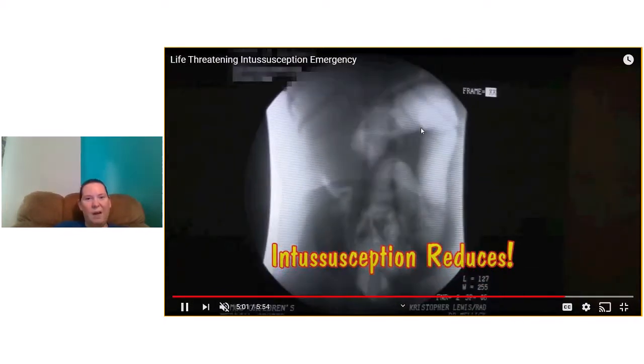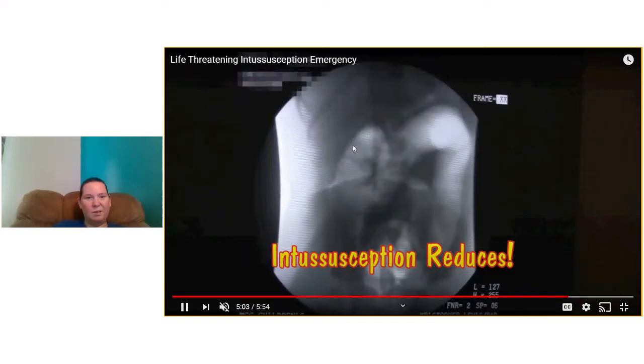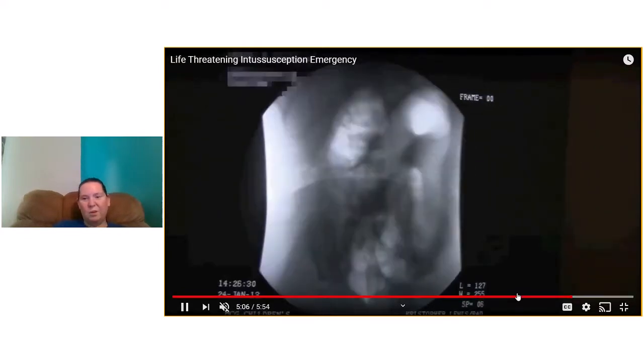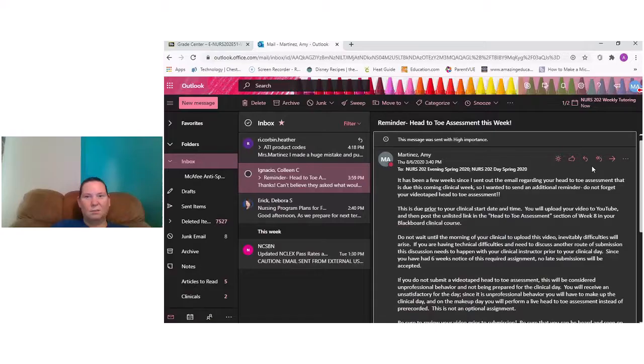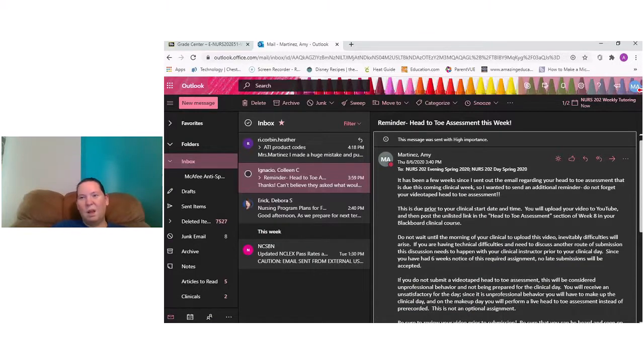And you can kind of see that bowel pull out from inside of itself. And then it continues. It released that blockage, basically. Does that make any more sense, or was that not what you were looking for?